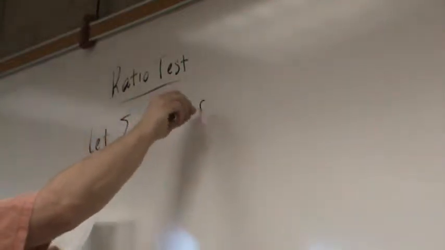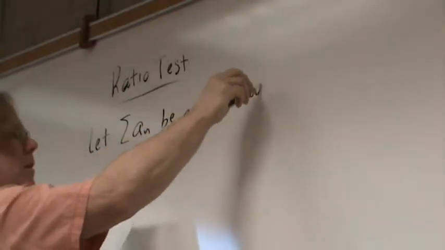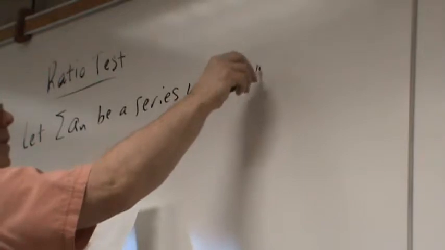Ratio test. Here's what it says. Let the sum of A sub n be a series with non-zero terms.